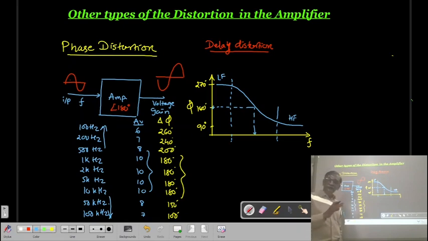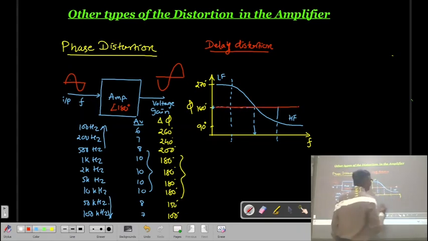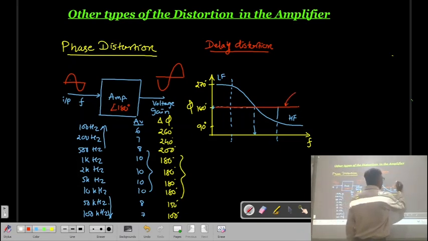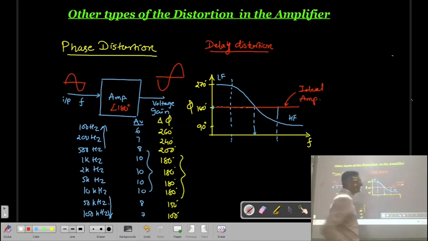But if we have an ideal amplifier, then the curve will be like this. Either we apply a lower frequency or a higher frequency, the phase difference for all these frequencies will be the same, and that is 180 degree.